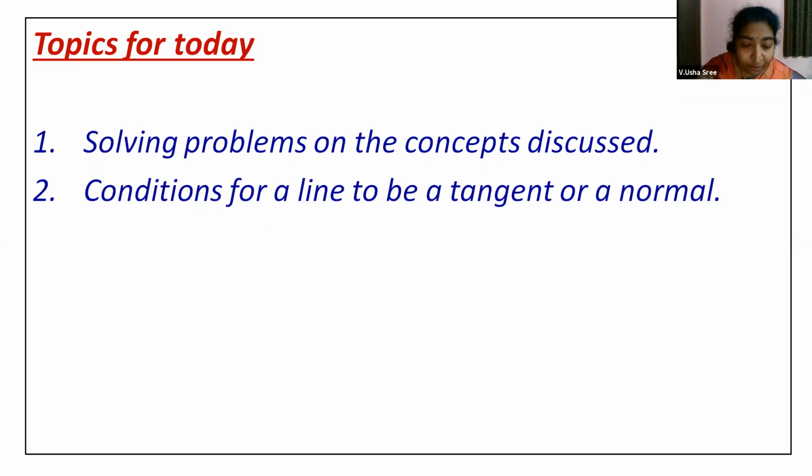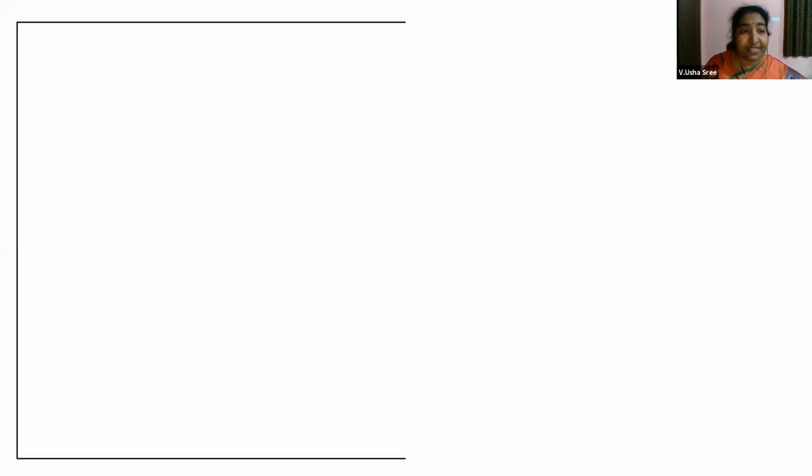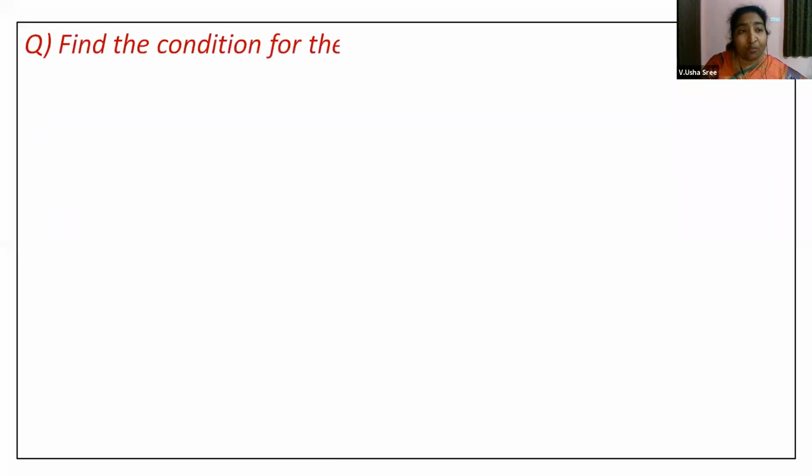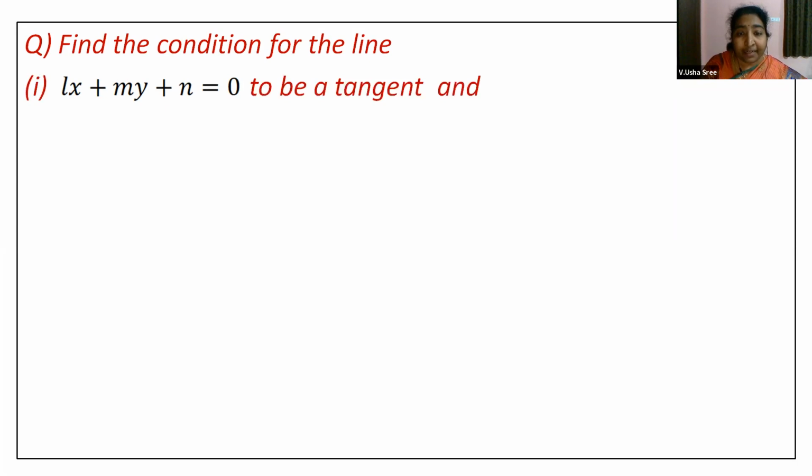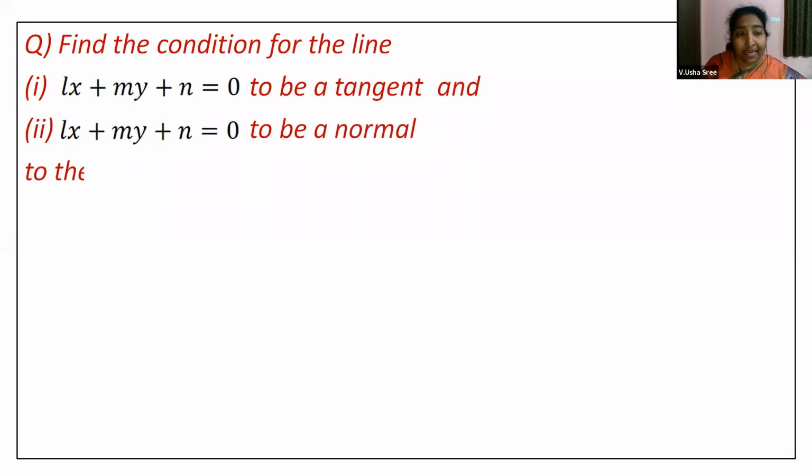Okay. Now, the first problem which we are starting with is find the condition for the line Lx plus my plus n equal to 0 to be a tangent and Lx plus my plus n equal to 0 to be a normal to the ellipse x square by a square plus y square by b square is equal to 1.